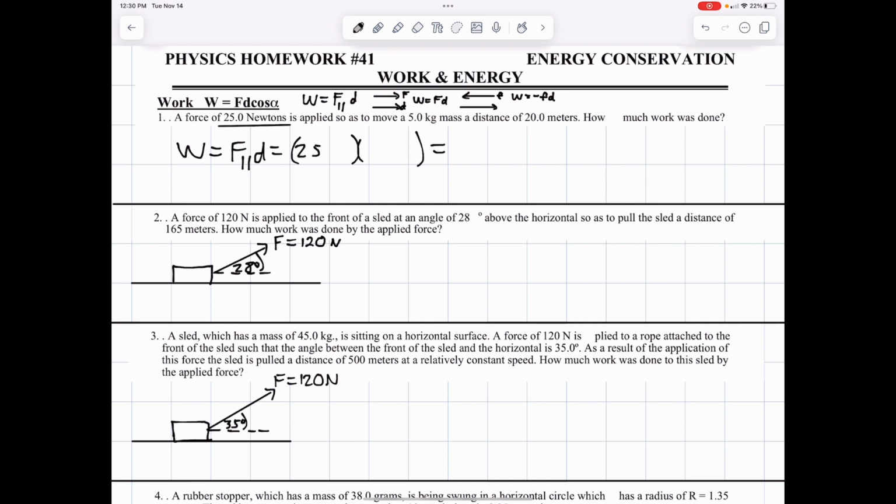So we're going to go 25 newtons times the 20 meters. And as you can see, the mass was extraneous information. We didn't need it. Put that in your calculator, I'll give you a moment. You should have ended up with about 500 joules of work.